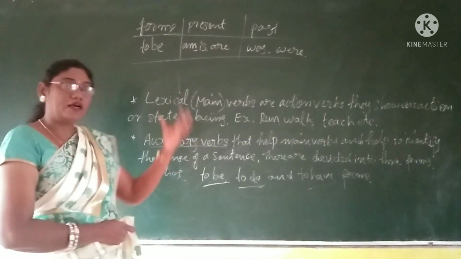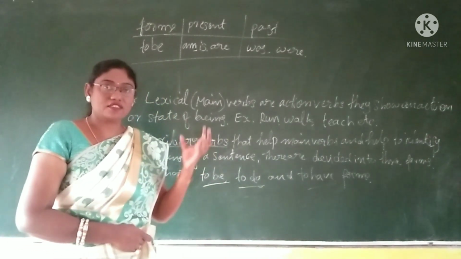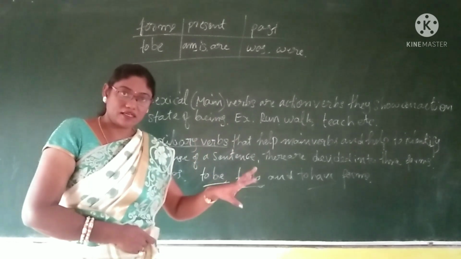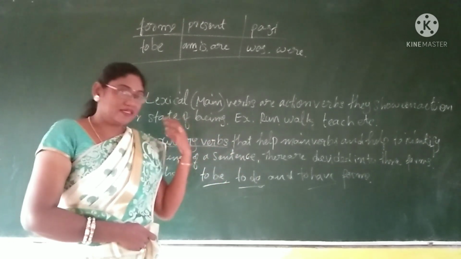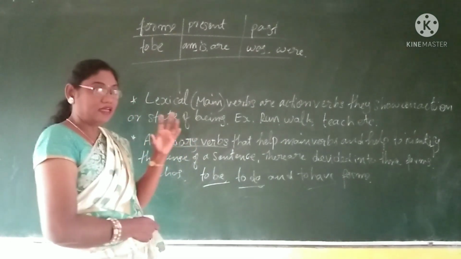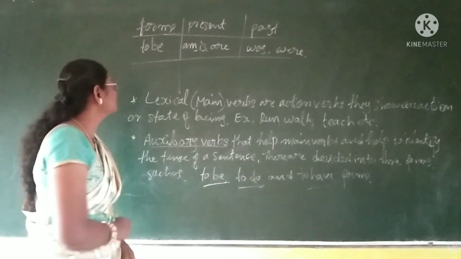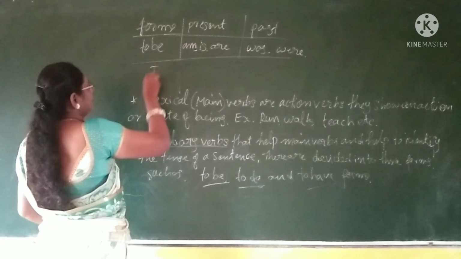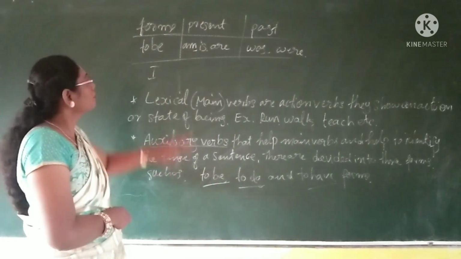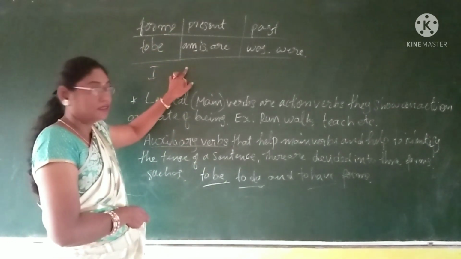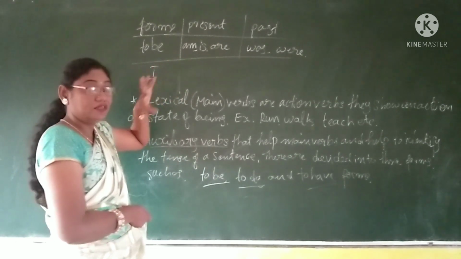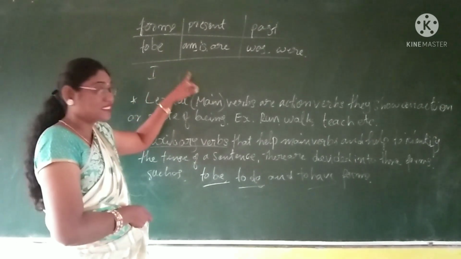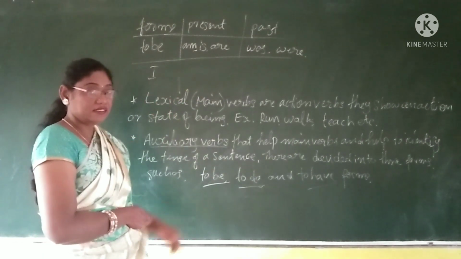We already discussed the first, second, and third person singular, and first, second, third person plural. Let's take that with subjective pronouns. I, present. Now I will use the present be forms in a sentence.